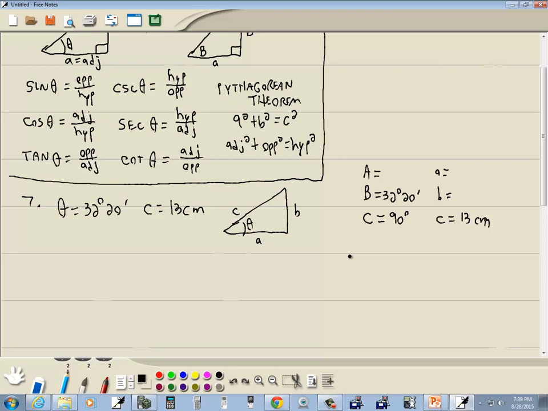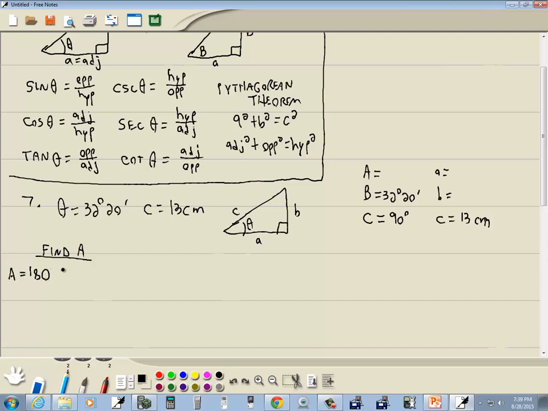Okay. First off, let's find angle A. Now, all of the angles inside of a triangle add up to 180 degrees. So, there's a couple formulas you could use here.